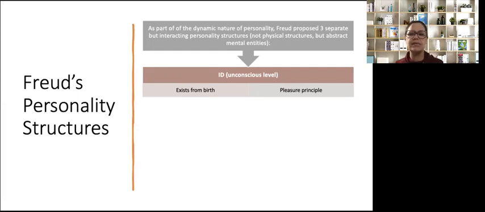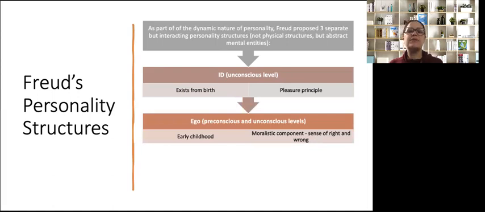So, primitive needs like hunger, sexual stimulation, aggression, irrational impulses, those things that bring you pleasure in the moment or relieve you from some tension or discomfort in the moment. That's why we call it the pleasure principle. It's whatever is best for you in that moment.